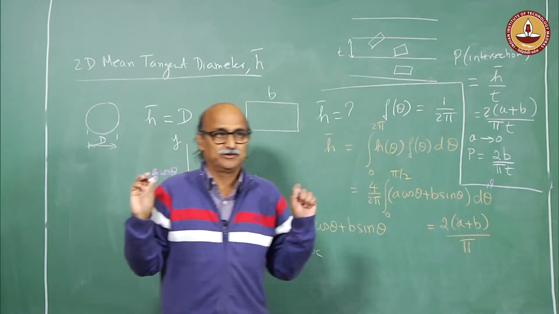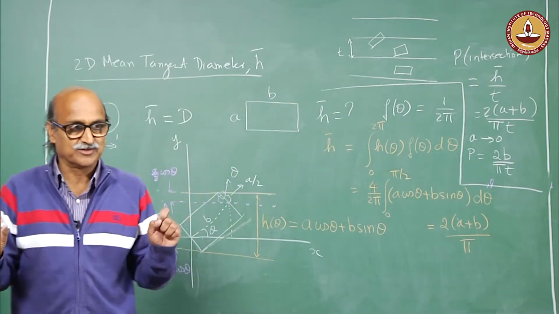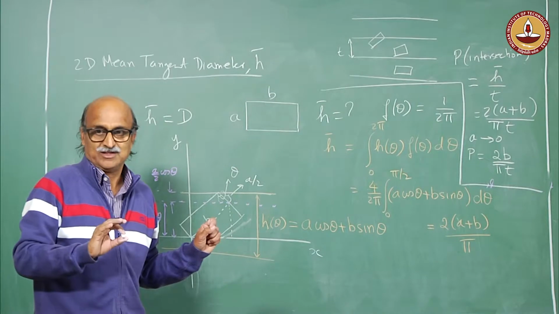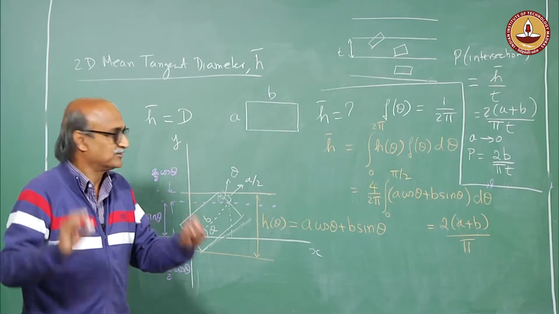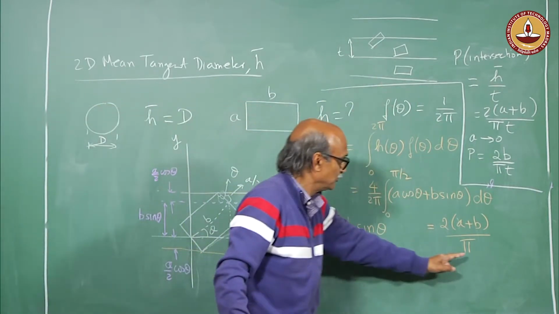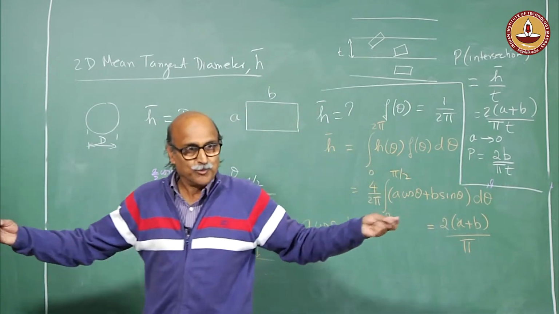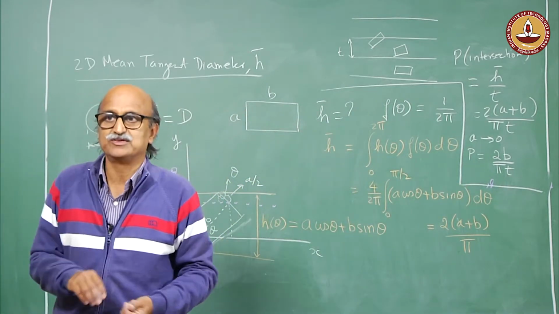You look at this, it is exactly the same result that we had, the probability of a needle intersecting the lines. So, what we have actually derived is, from both angles we come to the same solution.